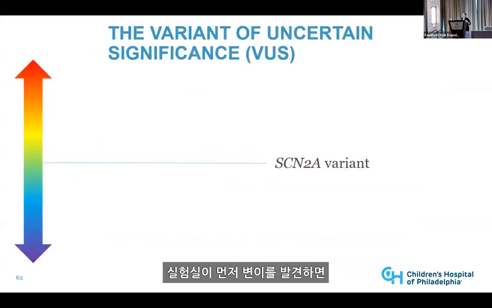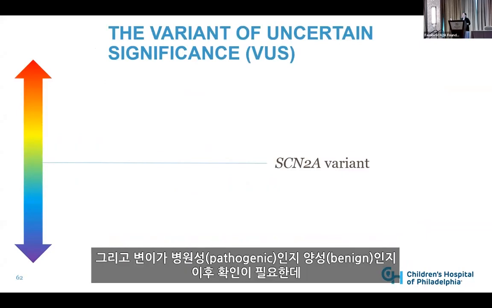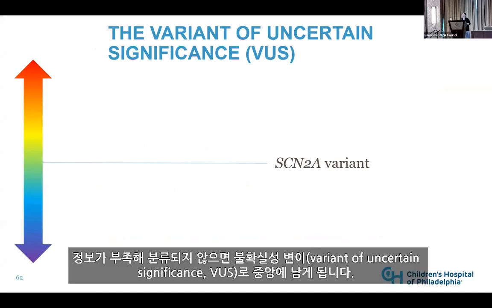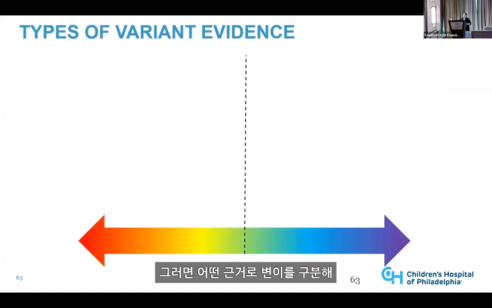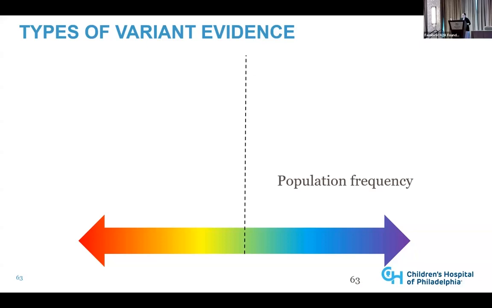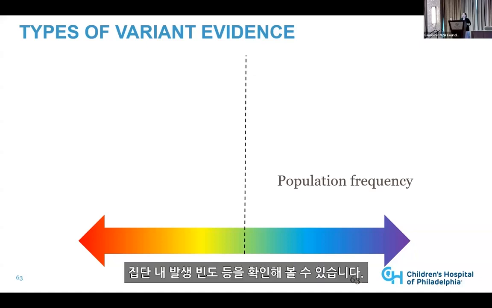So a variant is found by a lab. It starts out in the middle of this spectrum, and the variant needs to prove itself pathogenic or benign, or it may remain in this uncertain category if there's limited information. So what types of evidence go into actually making this distinction and actually being able to say whether a variant is pathogenic or not? We can look at things like population frequency.